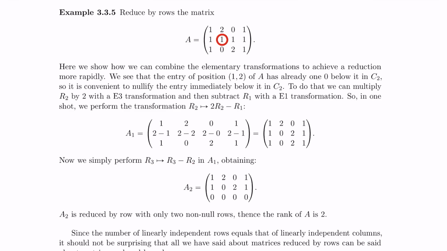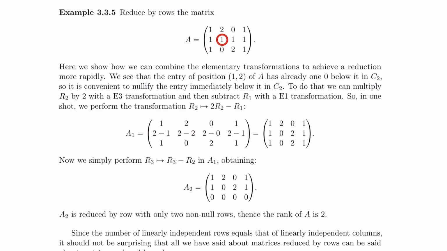What we obtain is a novel matrix A2, which is reduced by rows, because this is the special element of the first row, and all these are special elements of the second row. Notice that this time we have obtained a matrix reduced by rows with only 2 non-null rows. This means that the rank of A2, which is equal to the rank of A, is 2.